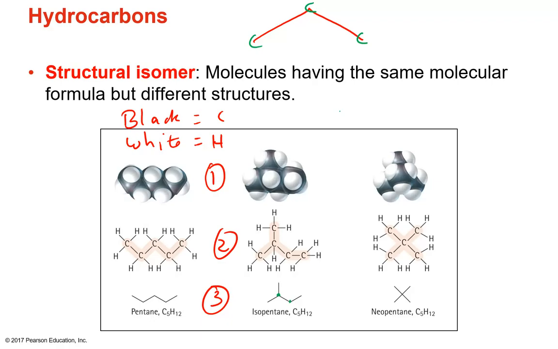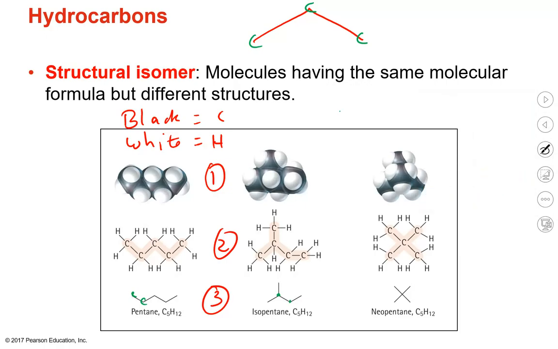But what about hydrogen? If it's a hydrocarbon, there's hydrogens. How many bonds does a carbon make? 4. It makes 4 bonds. And so if I have a carbon right here, we have 1 bond shown. So how many bonds remain for it to make?